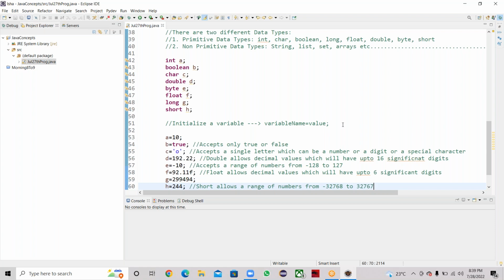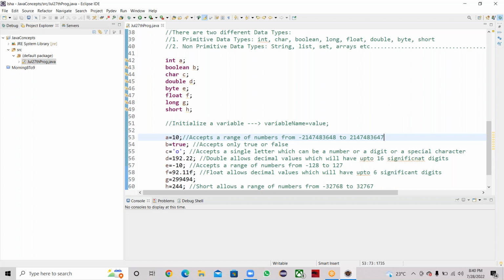So integer accepts a range of numbers from -2147483648 to 2147483647.